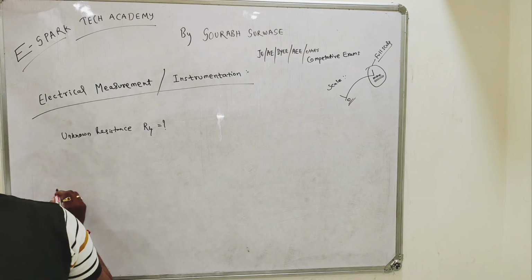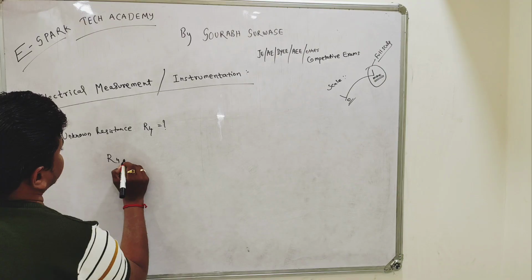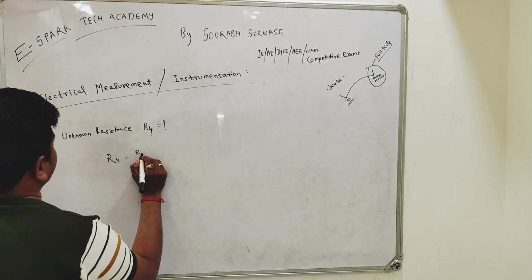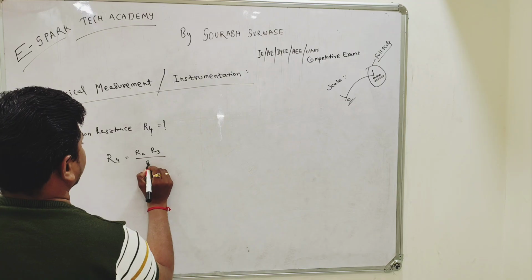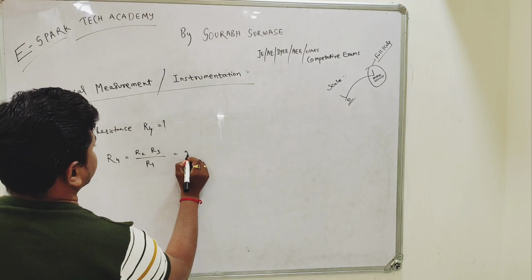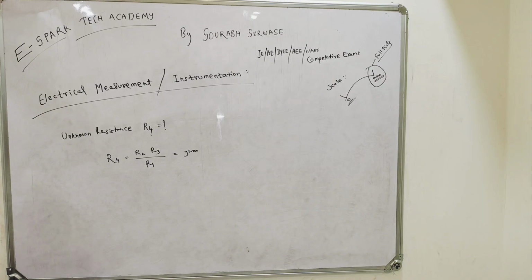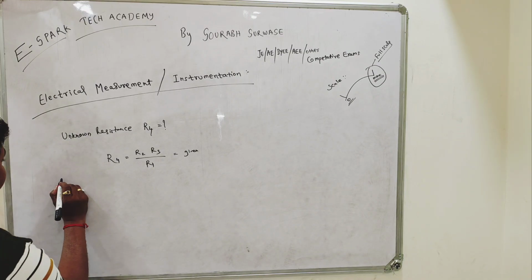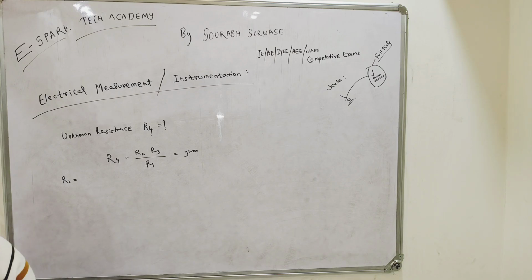In this case they will be giving you the equation R4 is equal to R2 R3 divided by R1. This is given in your example. Now the values of R2 will be given.